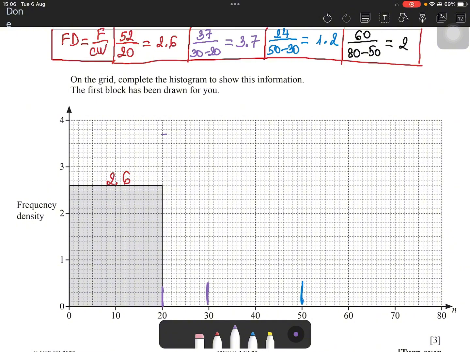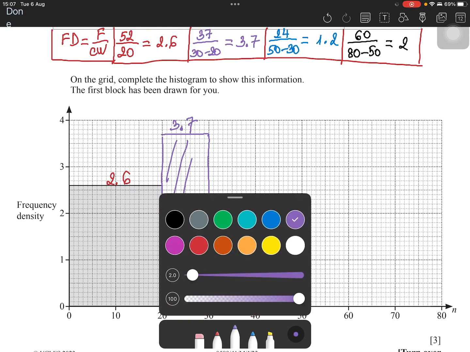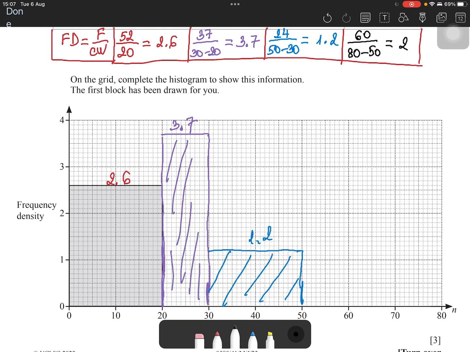This one is 3.7. The next column is 1.2. 1.2 is here. And finally, the last column is 2.